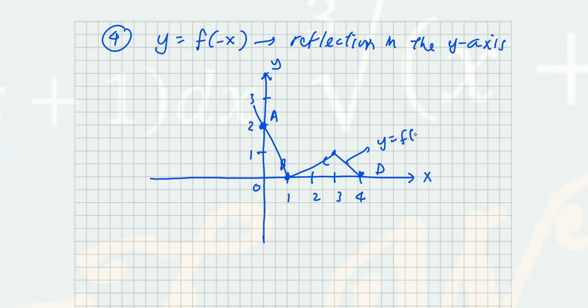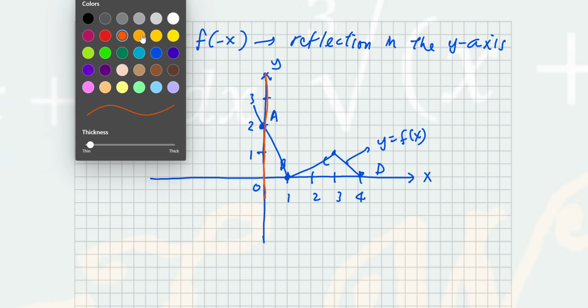So this is y = f(x). And now since this is a reflection in the y-axis, that means now you assume the y-axis is the mirror. So when this is a mirror, all your objects should be reflected to get the image.